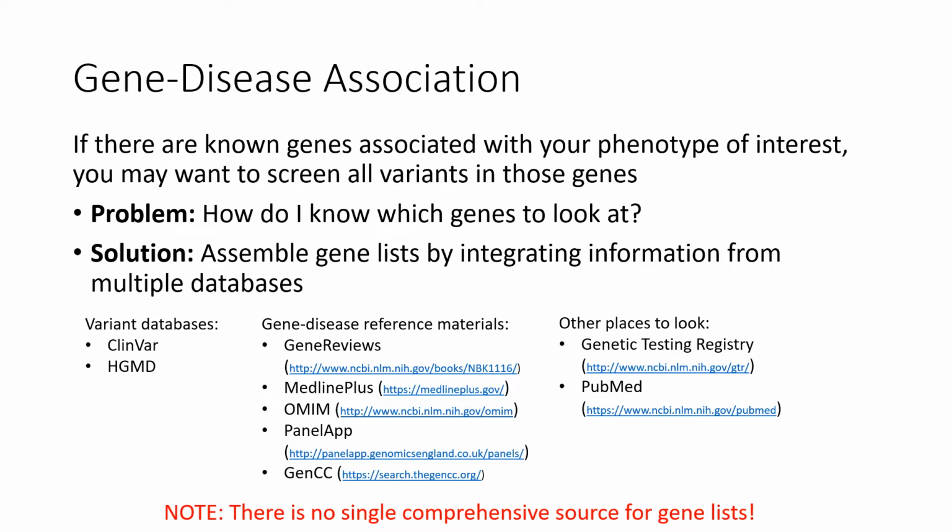So we might include variant databases like ClinVar and HGMD, the Human Genome Mutation Database, which is unfortunately not free to use, but is a fairly good database of variants that have been published in association with disease before.